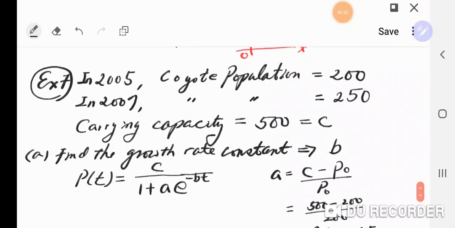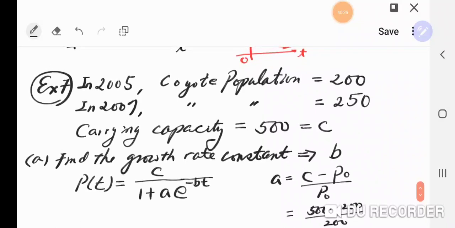So let's plug this into the logistic model and then find B. Let me explain this one again. 200 is P0, the initial population, and C is 500.